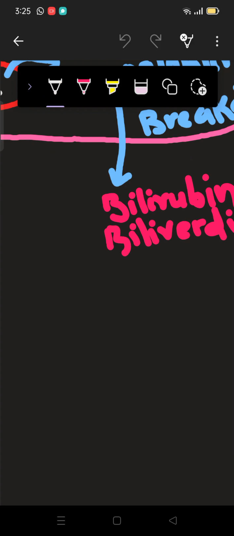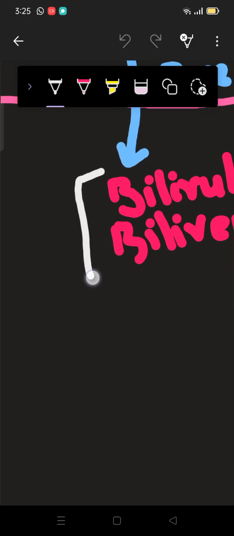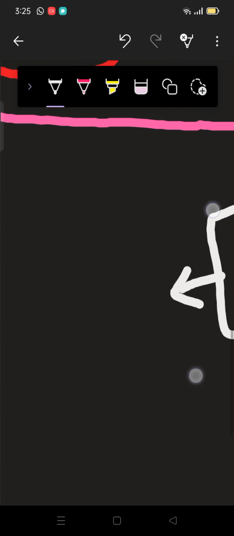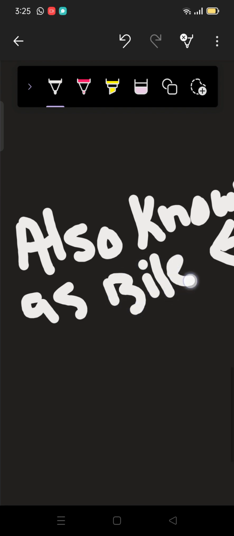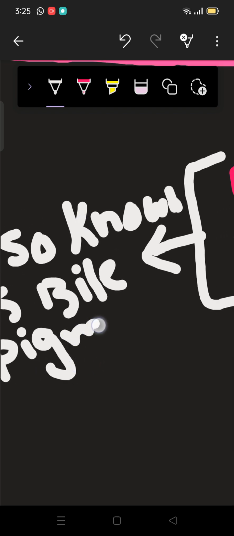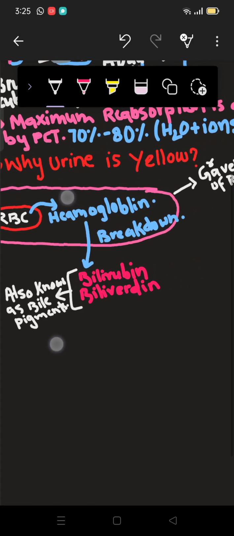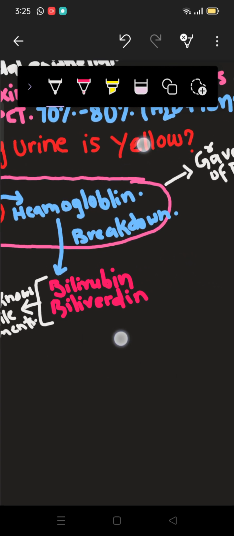All right, and these both are also known as bile pigments. So these both pigments are also known as bile pigments.